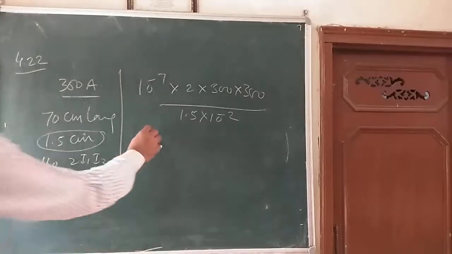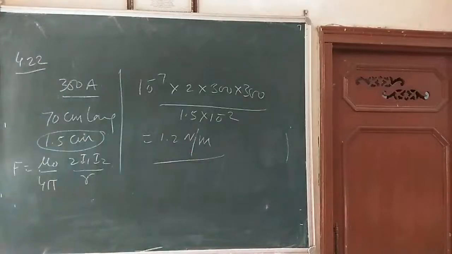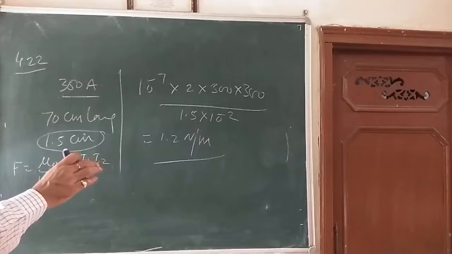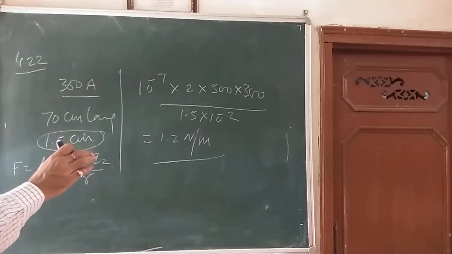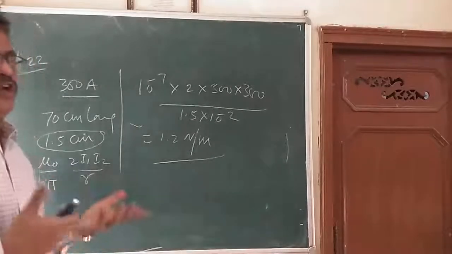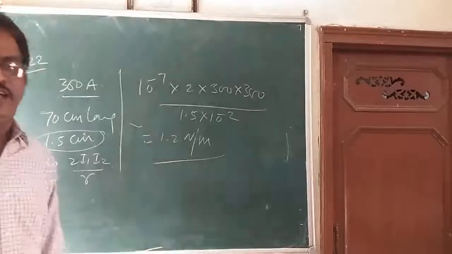So we are getting around 1.2 Newton per meter. Since the current in the two wires are in opposite direction, so I can say this force is repulsive force. It is clear? So dear children, this is all about all the numericals of this chapter. You can practice some more numericals from the NCERT textbook. Is that clear? Okay.